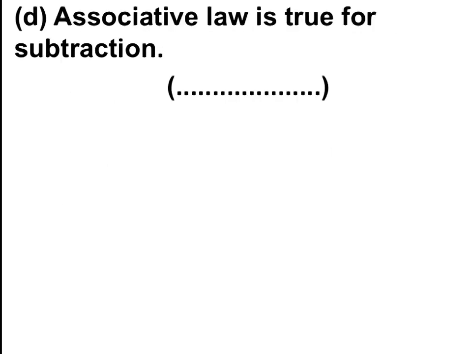Now student, associative law is true for subtraction. Yes student, I have already discussed associative law and I have already told you associative law is true for addition. So the statement is wrong. Statement is false.